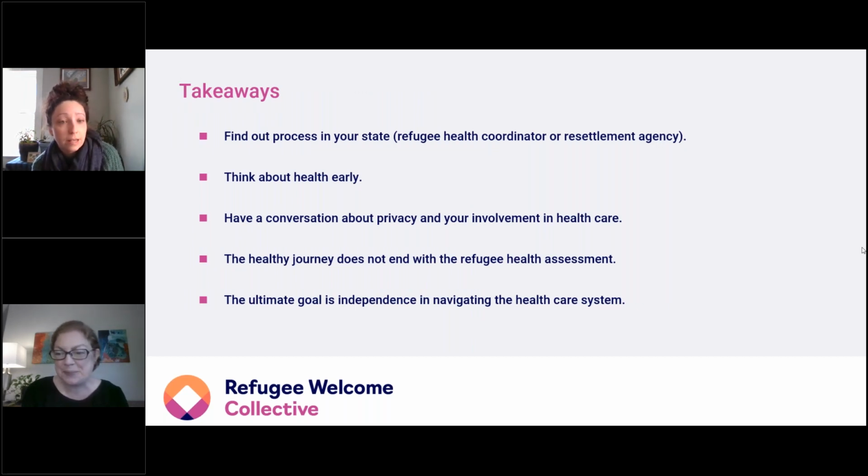So just some takeaways. Find out the process in your state early, either through the refugee health coordinator or the resettlement agency. It's going to look really different from state to state. The Minnesota model, just to give you some context, is that we actually use our colleagues at the local level and local public health to coordinate the whole assessment.